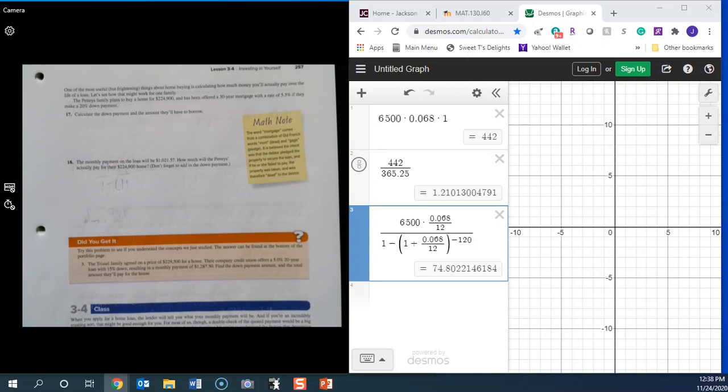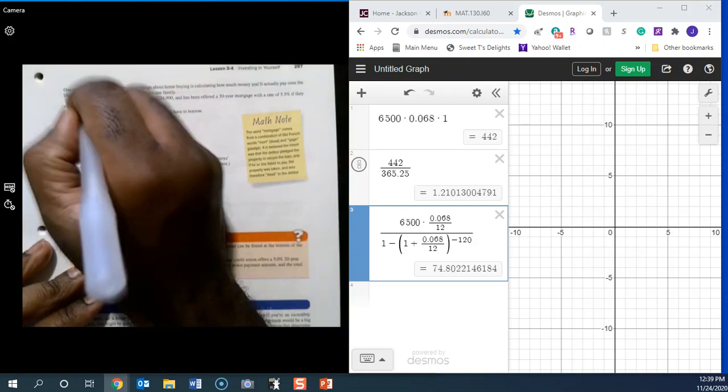Let's see how that might work for one family. The Petty family plans to buy a home for $224,900 and has been offered a 30-year mortgage with a rate of 5.5% if they make a 20% down payment. Calculate the down payment and the amount they'll have to borrow.